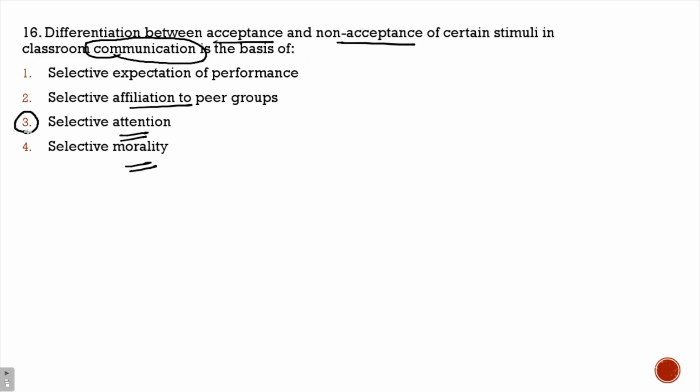And attention is the only element which reduces noise in the communication process, and therefore it increases the acceptance and non-acceptance of certain stimuli, and therefore selective attention is the most correct answer here.